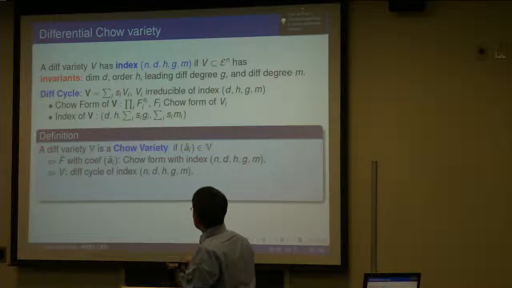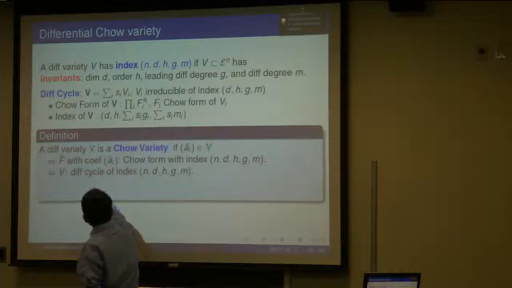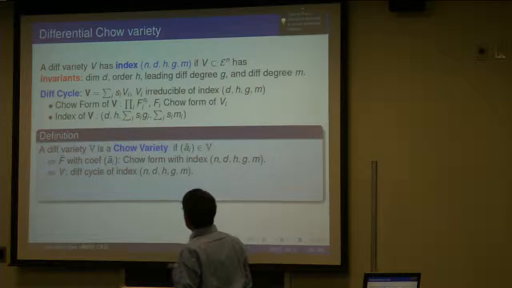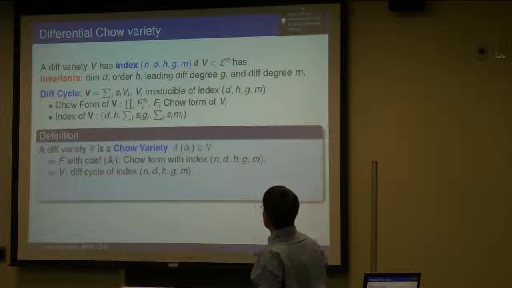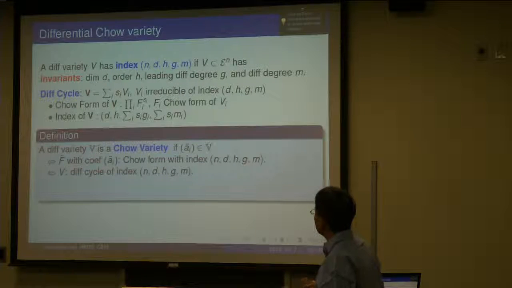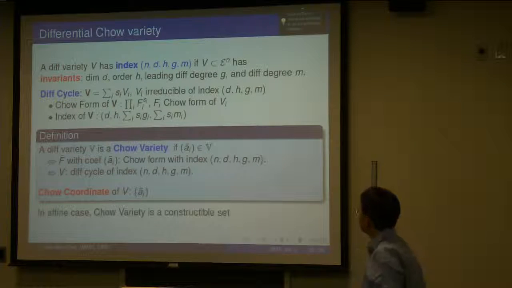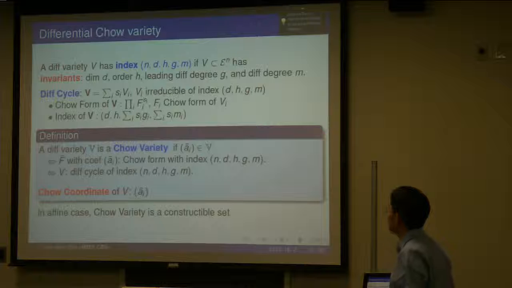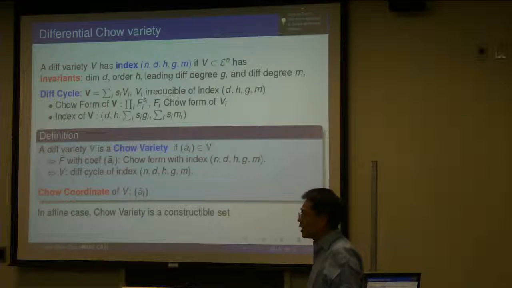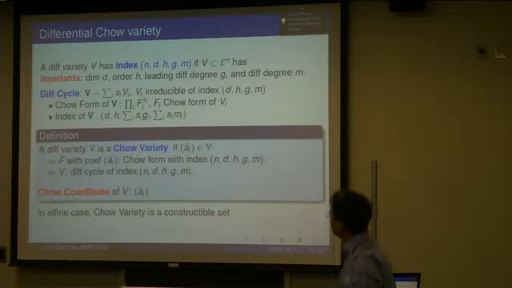So this gives a one-to-one correspondence between all the differential cycles of this index and the points on a variety. So this is an extension: we parameterize all the differential varieties of this kind by Chow coordinates. This is like Plücker coordinates for lines. Basically, we extended this classic result to the differential case.